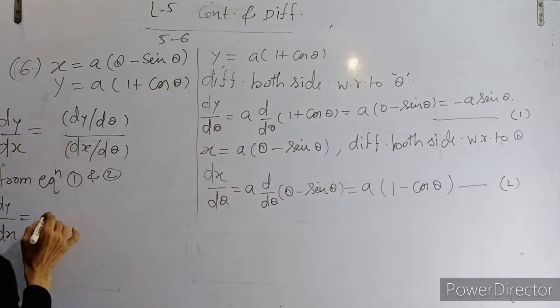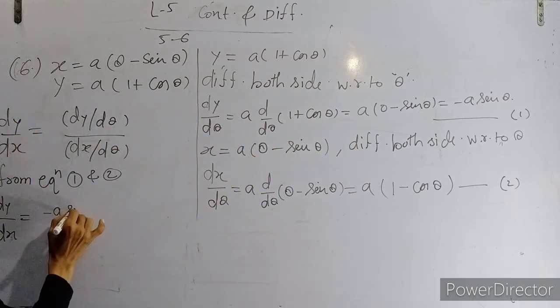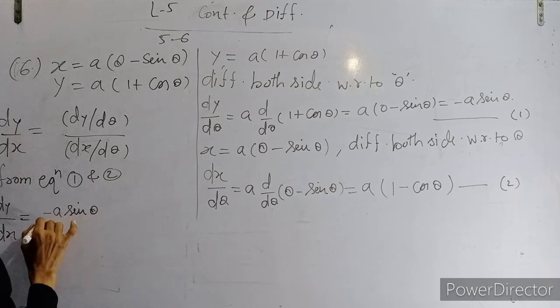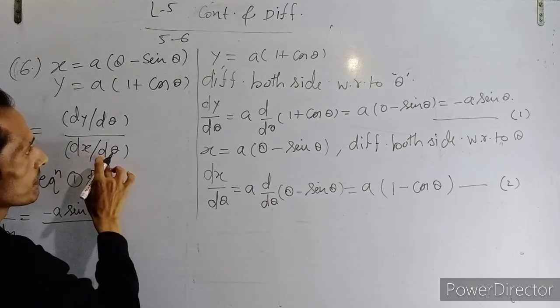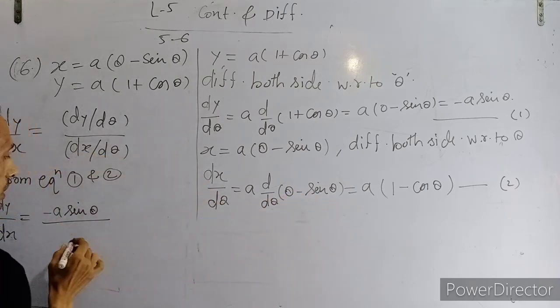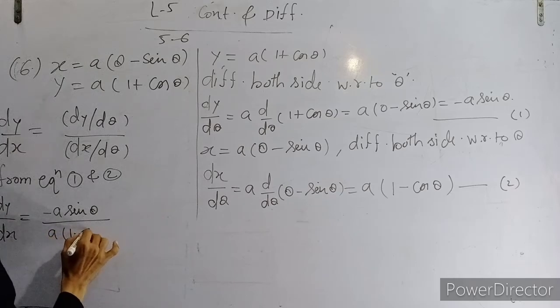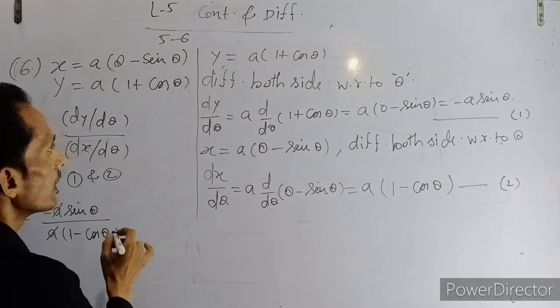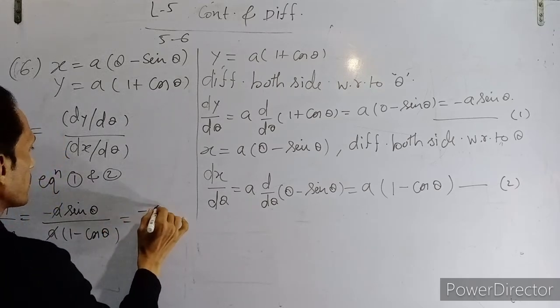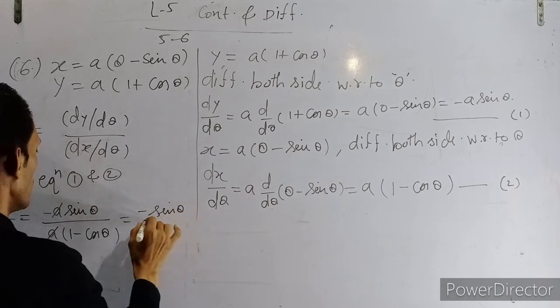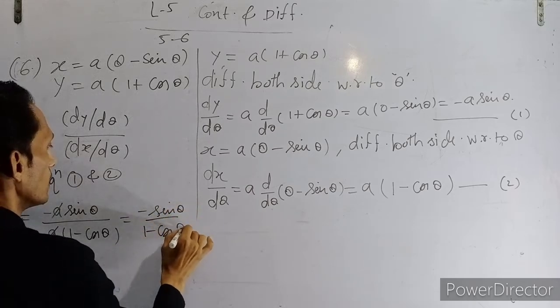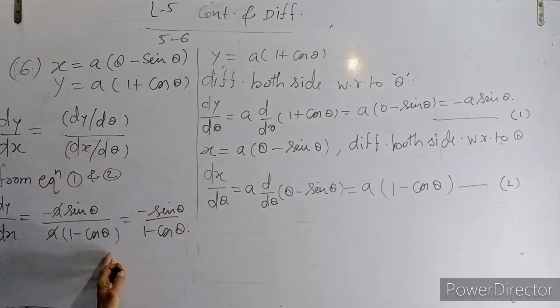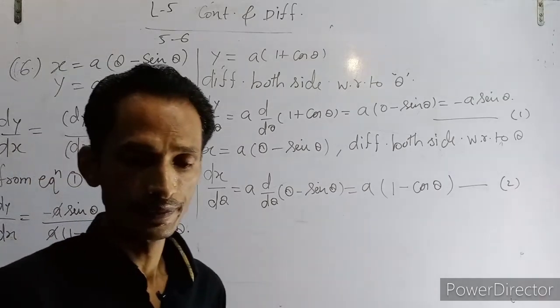You can see here, minus a sin theta, and the value of dx upon d theta from equation 2 is a into 1 minus cos theta. You can cut and simplify. So minus sin theta upon 1 minus cos theta. In this way you can find the value.